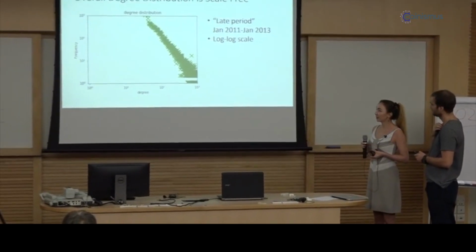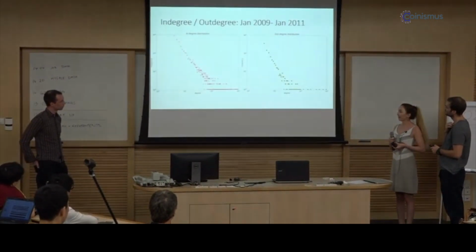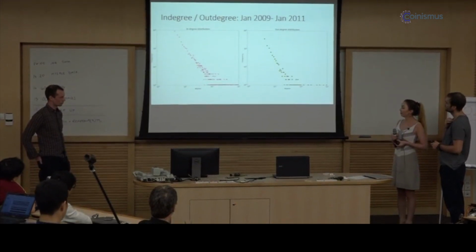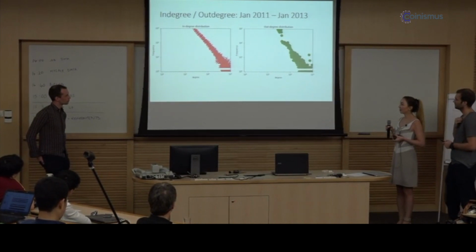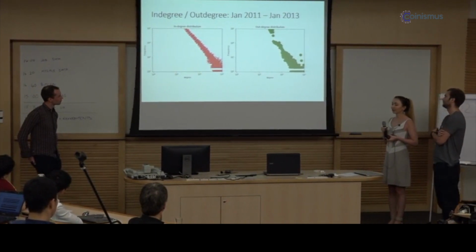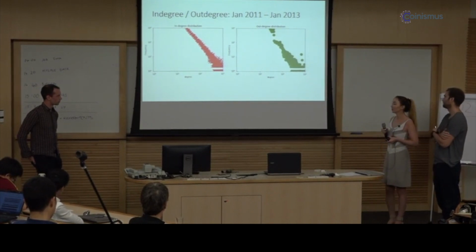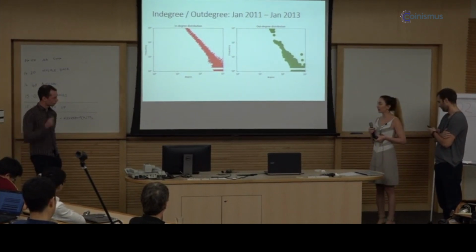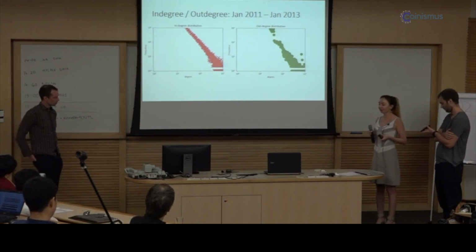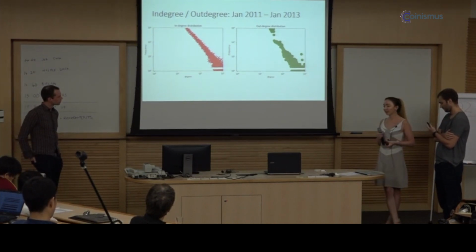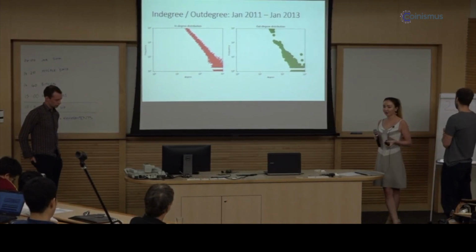Also, we analyzed separately the in-degree distributions and out-degree distributions for the early and late periods. In both slides, we can see that the in-degree distribution fits a power law better than the out-degree distribution. We can explain this, and it really makes sense, because in-degree means that we have received some amount of money, and it tends to be heterogeneous.